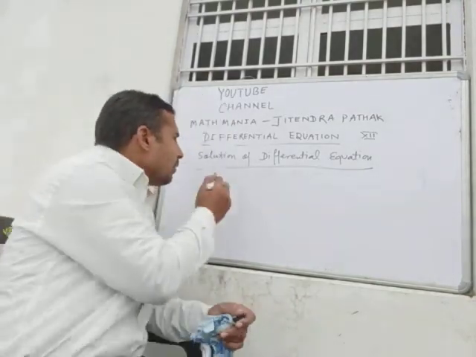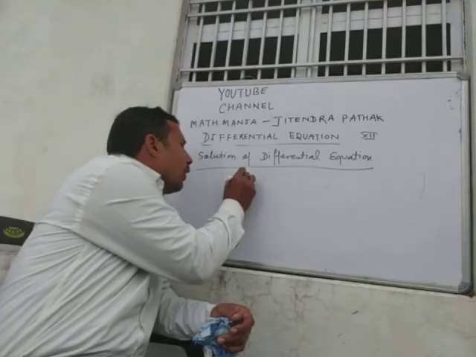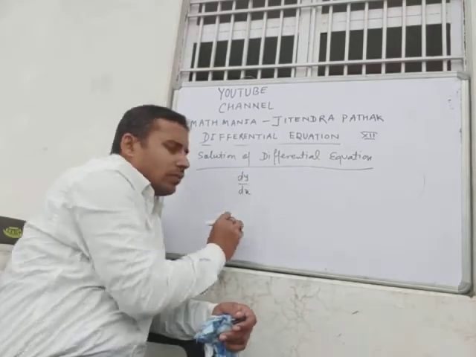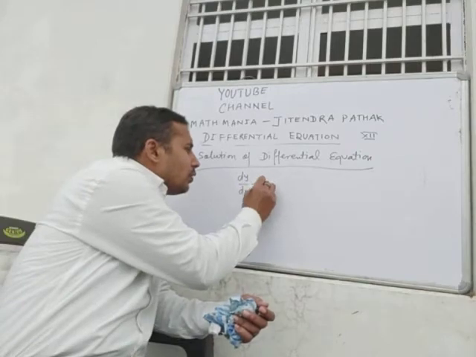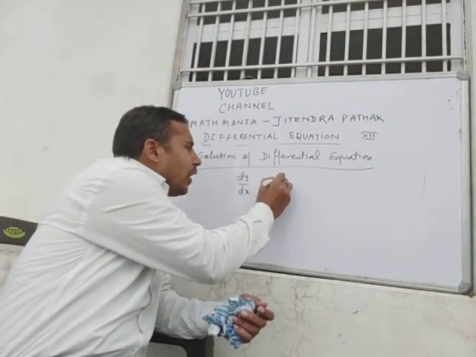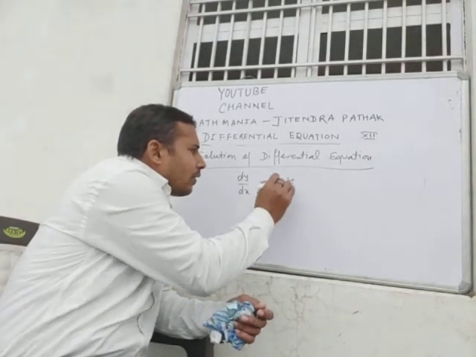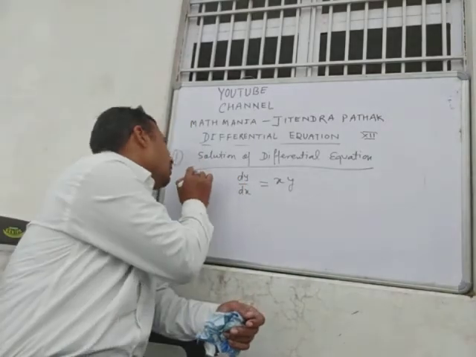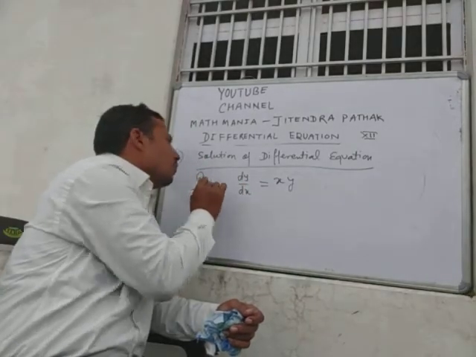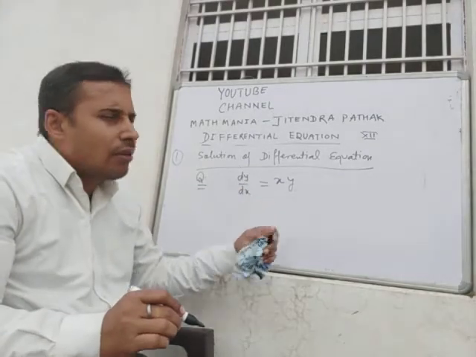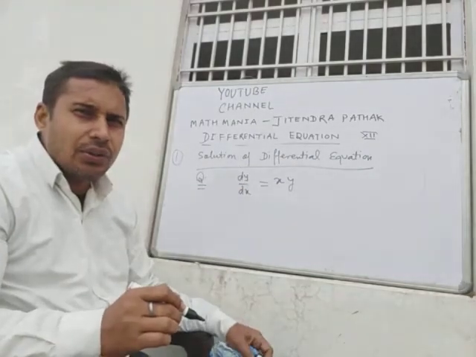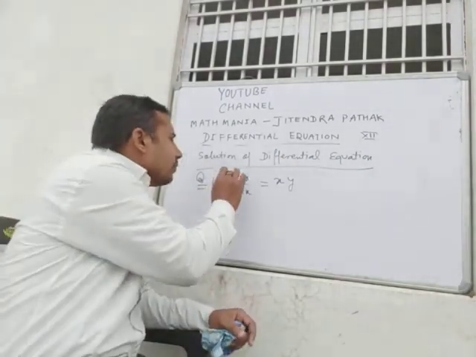Suppose that equation dy upon dx equals to xy. This is the equation dy upon dx equal to xy. What is the solution of this equation?